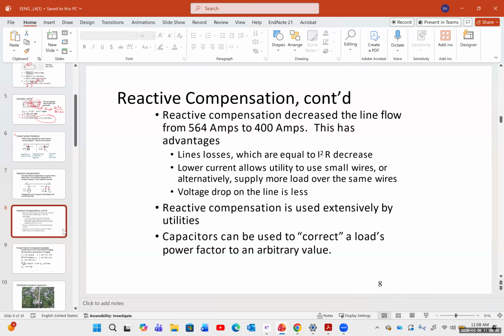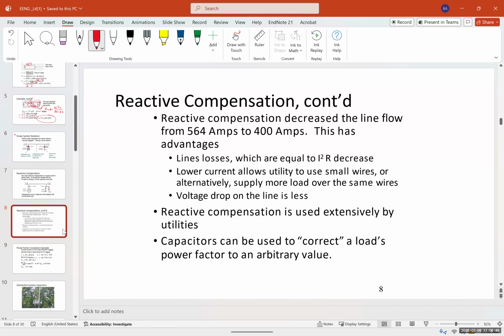And this is the main reason we use transformers in the first place. We want to increase the voltage at the generator and decrease the current, and we would do the opposite at the load side. So again, we have a step-up transformer at the generation side.